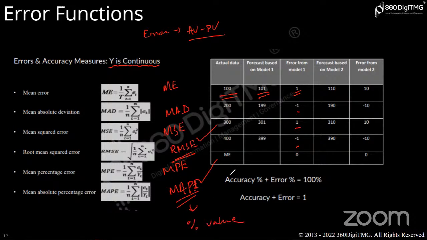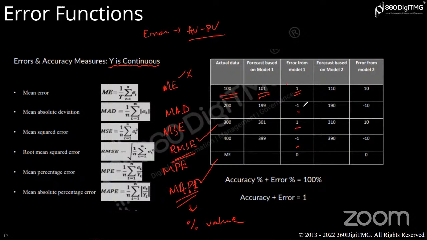So when we are considering both of these, if you need a percentage value, a value between 0 to 100, or 0 to 1, we can take this MAPE as a function and calculate using this. Now, mean error is something which cannot be used.